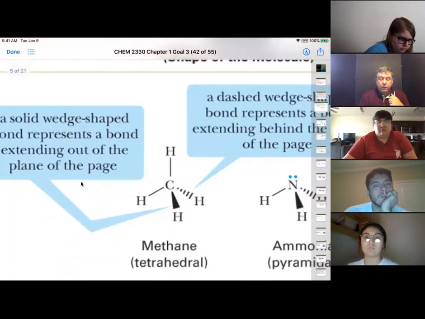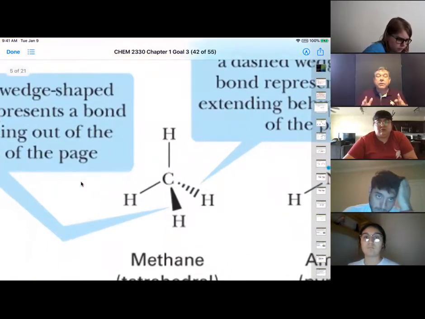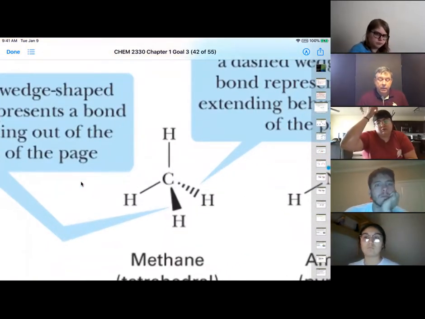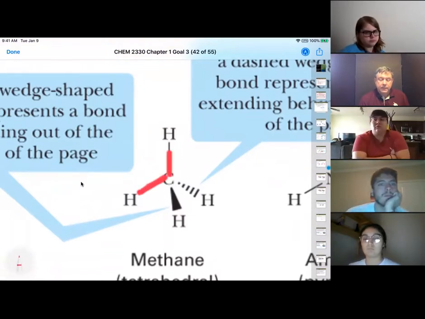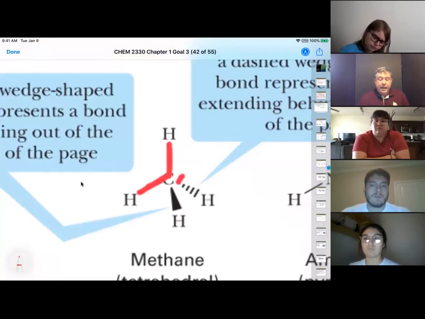So when we look at methane, that is the kind of structure we're looking at right here, where in this particular drawing, these atoms are in the plane of the paper. The dashed atom is sticking into the paper, and this wedge is sticking out of it. That's how we signify the 3-dimensional shape of these things.